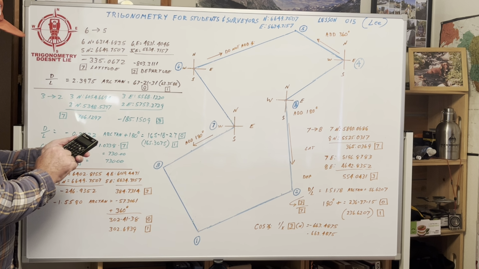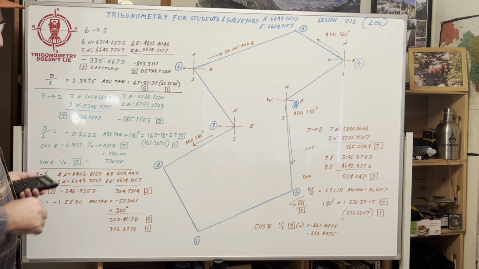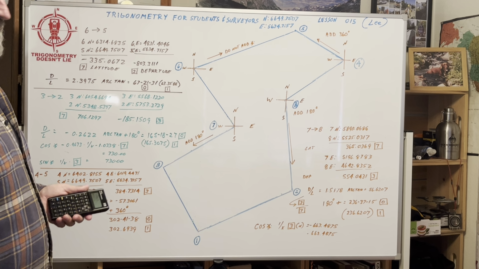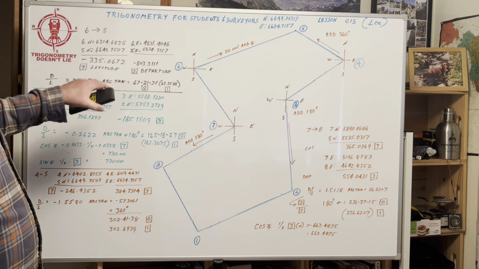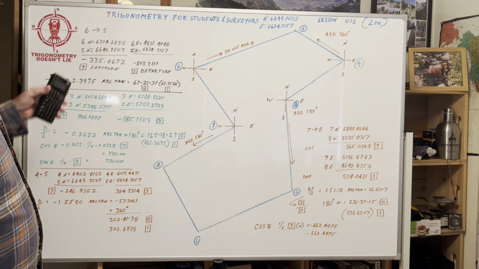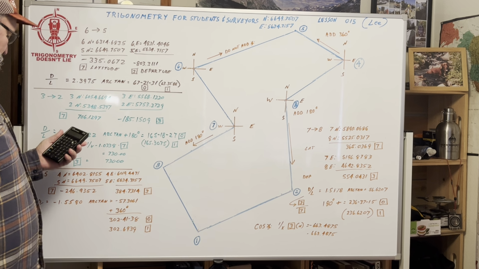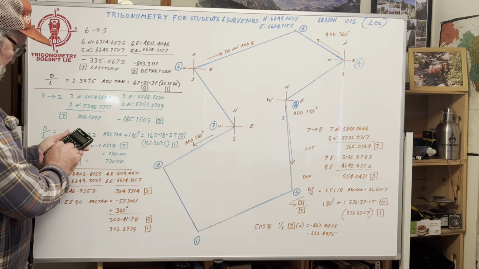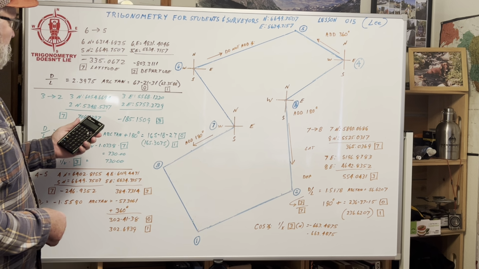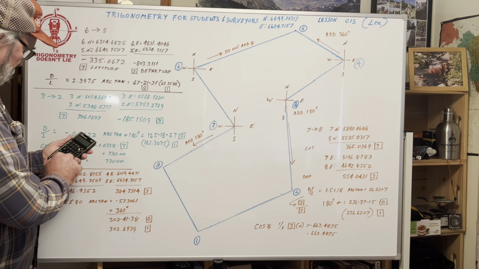I'll add the negative to that. Now, before I said you wouldn't have to add or subtract negative, and you wouldn't if you just subtracted that. I'm just copying it off of there. This was the only reason I'm adding it. If I just subtracted that, it would come out negative and I would just store it. So don't be confused about that. Now let's do the negative there, 803, negative. Okay, now we'll store that as 3.